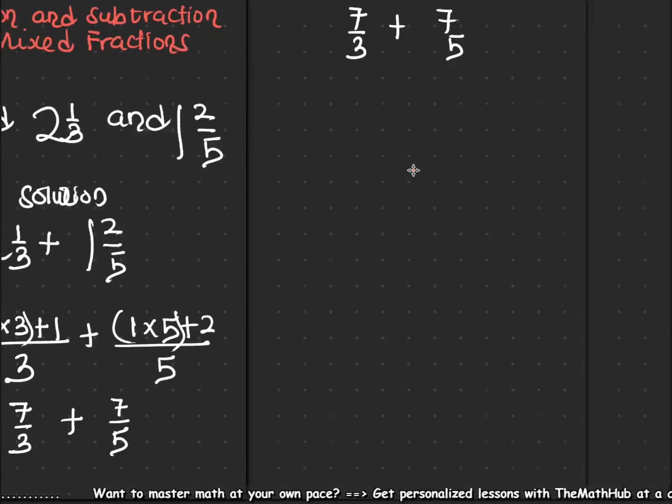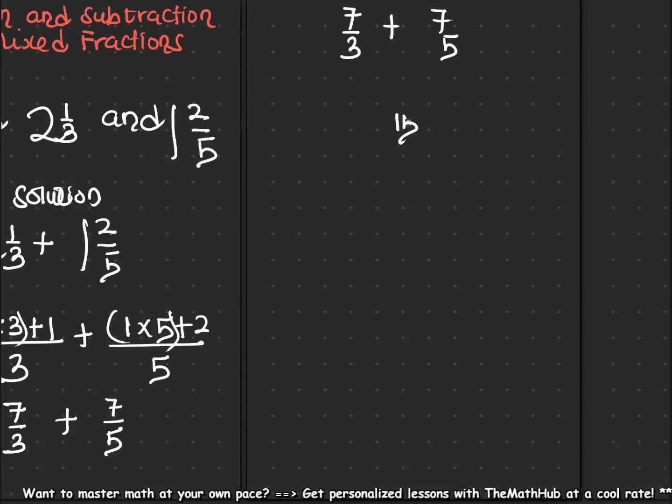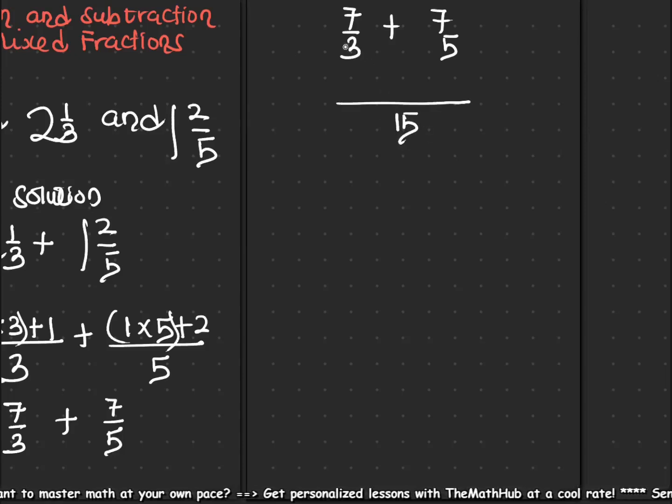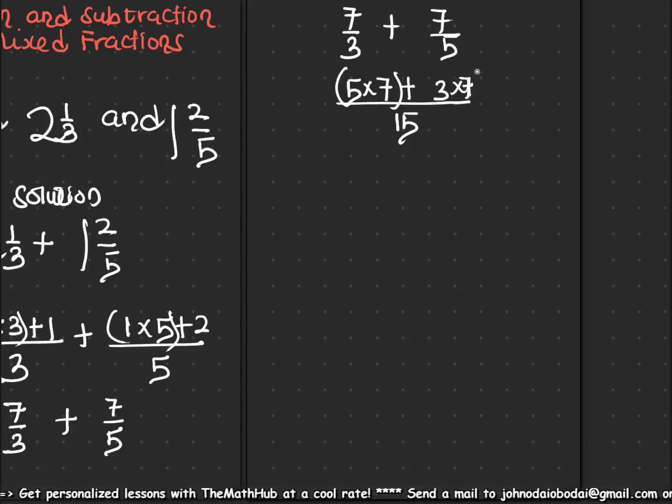So we have 7 over 3 plus 7 over 5. We look for the LCM of 3 and 5. The LCM of 3 and 5 becomes 15. And 15 divided by 3 gives us 5. 5 multiplies 7, we have 5 times 7. Then plus, 5 divides 15 3 times. Then we multiply it by the numerator we have here, that is 3 times 7.